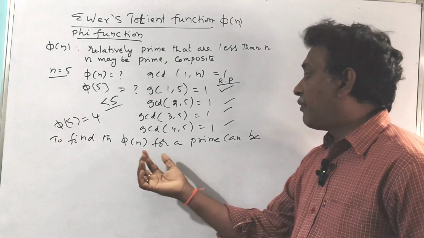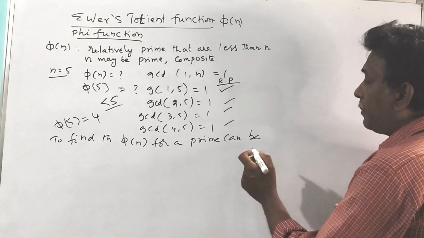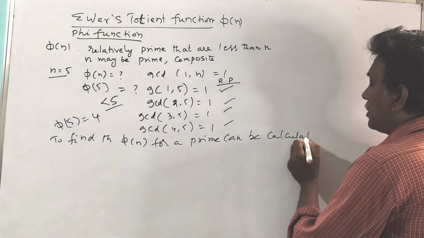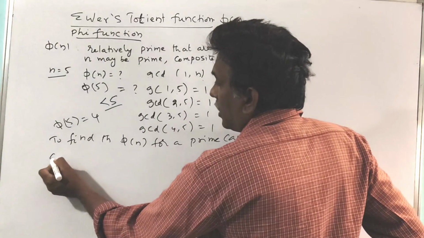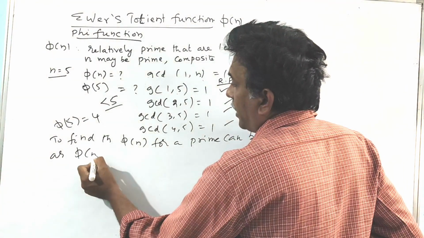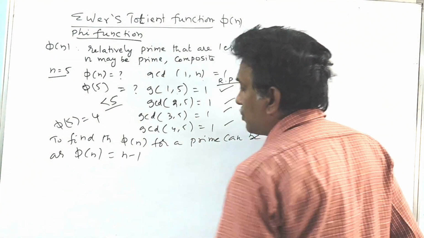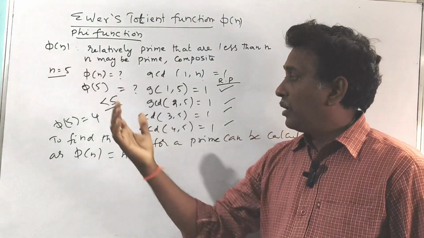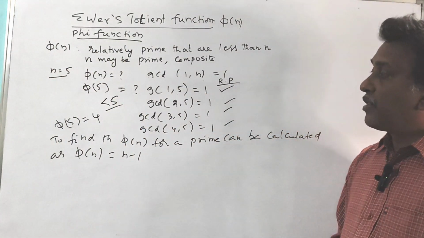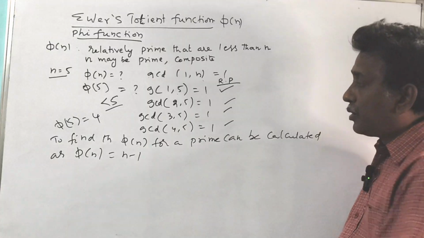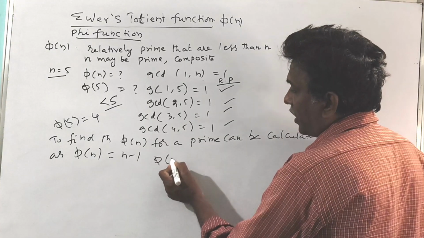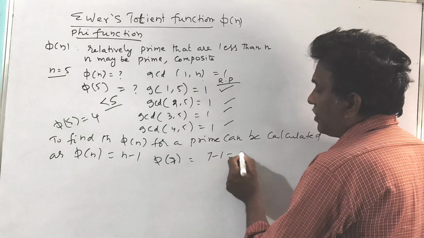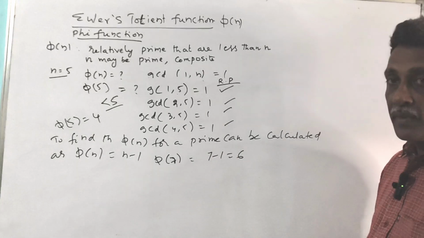To find phi of n for a prime, you use n minus 1. If you take another problem, phi of 7, you can directly write 7 minus 1, which is 6.